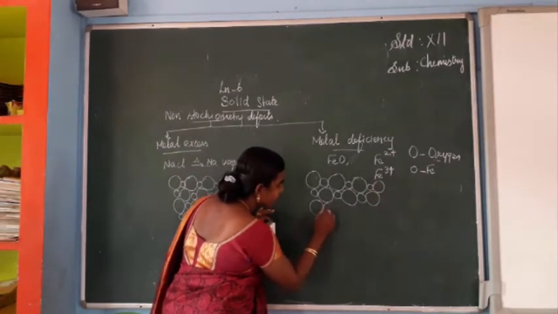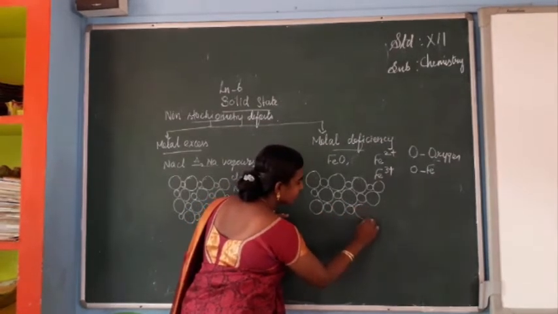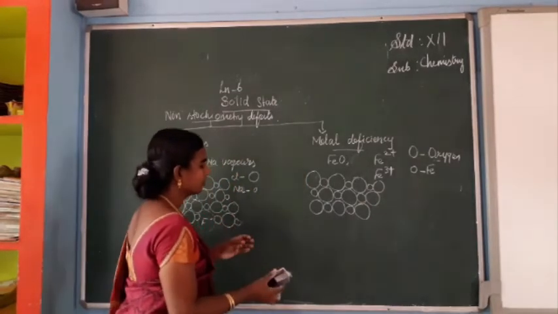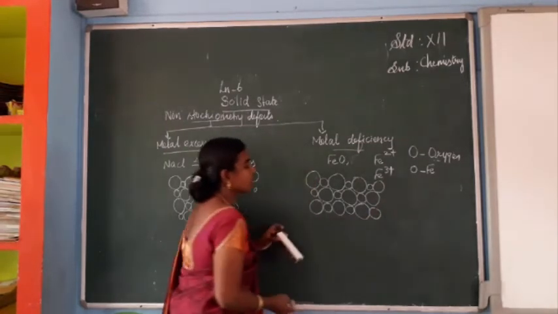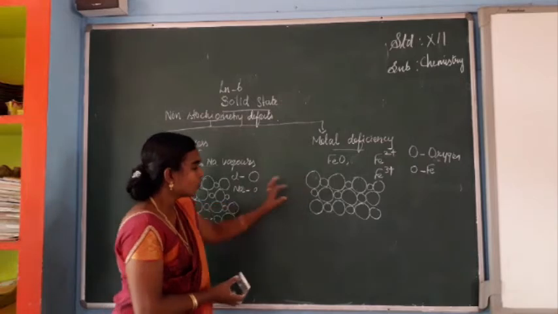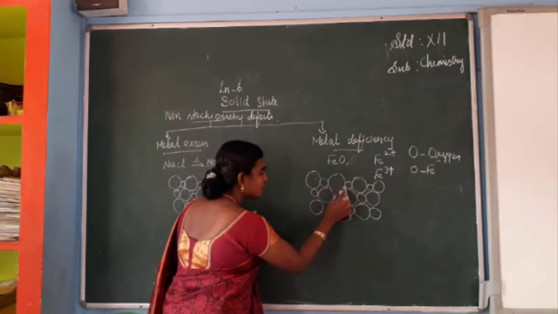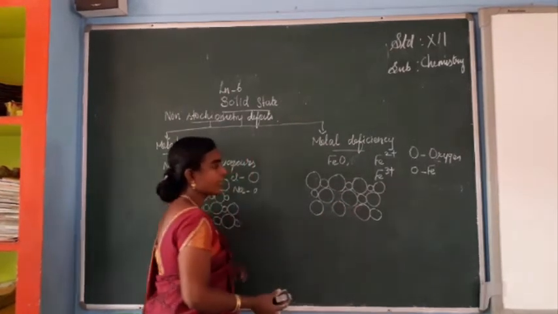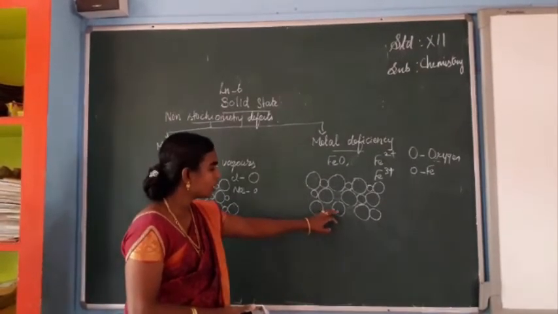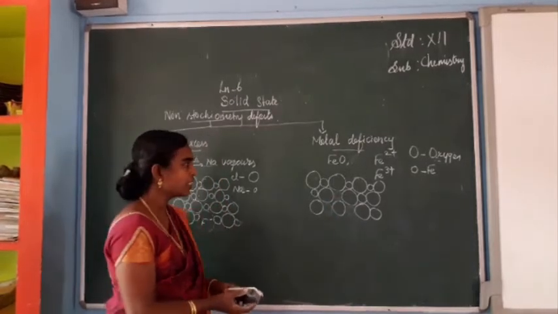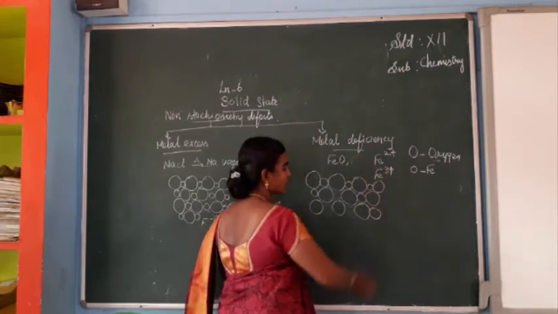Oxygen, Fe. Consider this crystal. In this crystal, three Fe2 plus ions are missing from the lattice positions. To overcome this negativity, we place a metal ion having 3 plus oxidation state.